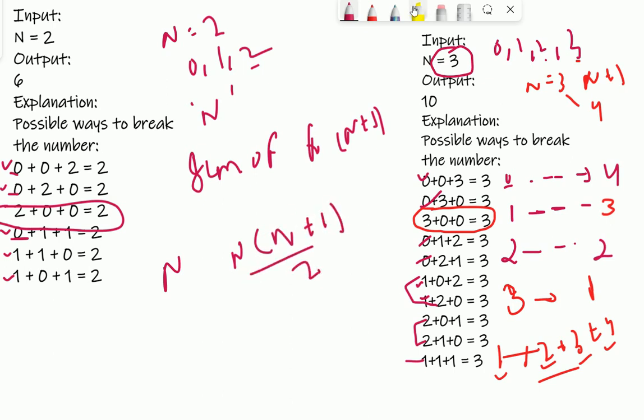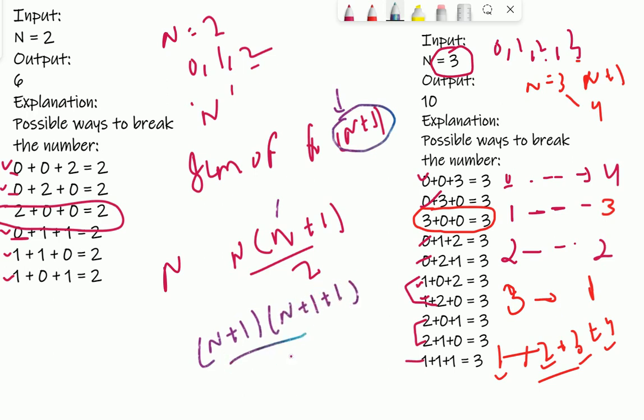So in place of n, we have to replace with n plus 1, because we need to calculate the sum of n plus 1. So that is n plus 1 into n plus 1 plus 1 by 2. So the final equation for this problem is n plus 1 into n plus 2 by 2. So this is the answer. We need to just return this part.